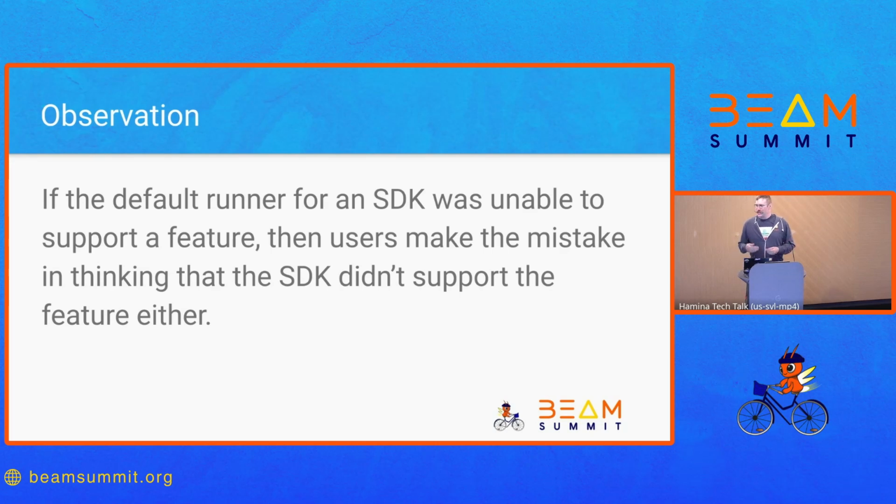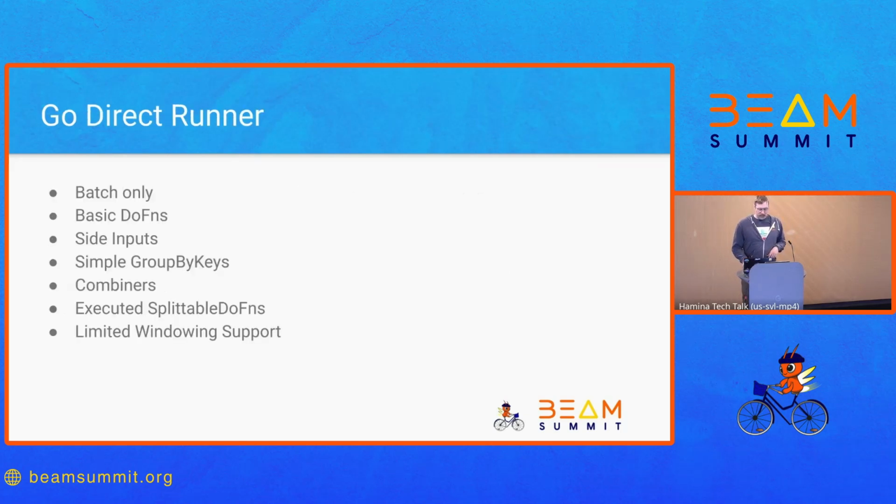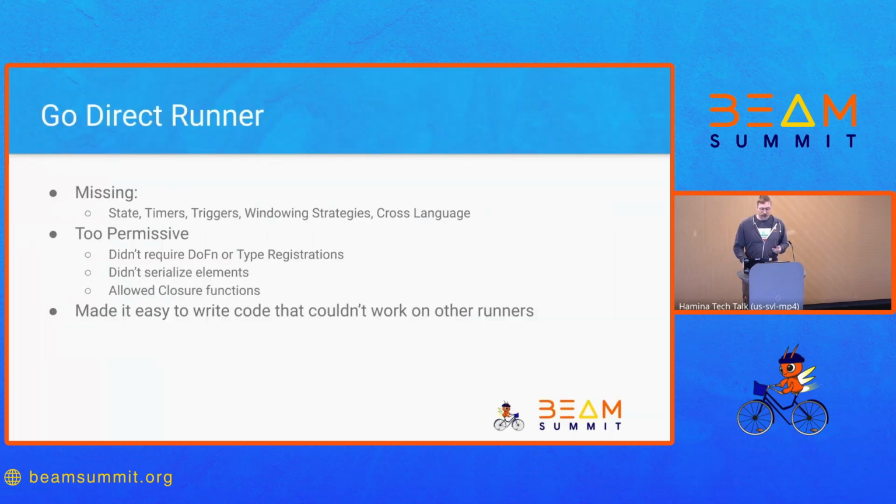So it became a kind of learning impediment to people adopting the Go SDK. Even though the Go direct runner could do a bunch of things and you could write a fairly large variety of pipelines, it had other issues. It didn't have state, it didn't have timers, it didn't have triggers, it didn't have windowing strategies.